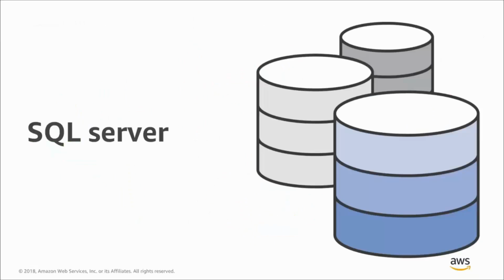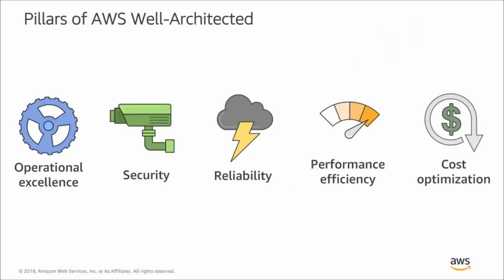Now onto our third topic, which is SQL Server. If you're going to talk about Microsoft workloads, chances are there's a SQL Server somewhere in that workload. SQL Server is a database and contains data, and for most companies, that's their crown jewels. It's really important that you have a highly reliable, very secure platform and architecture for that SQL Server.